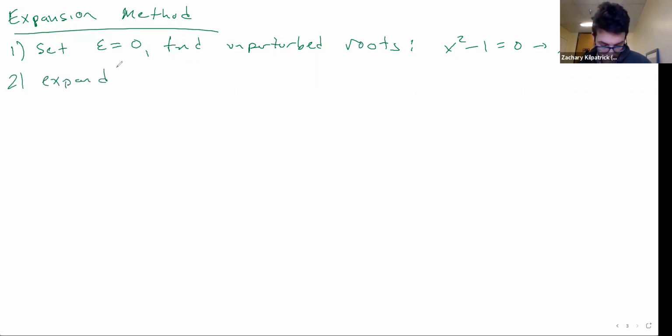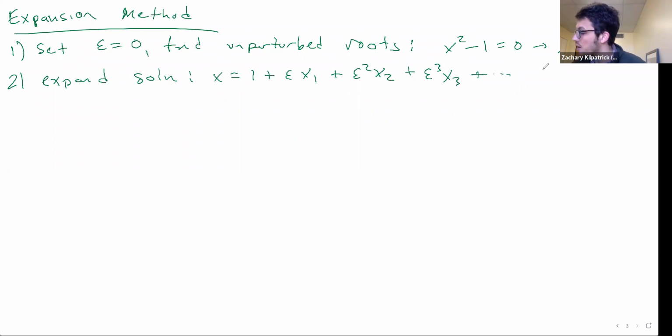Second part of the expansion method is to expand your solution. x is equal to 1 plus epsilon x1 plus epsilon squared x2 plus epsilon cubed x3 plus and so on. Now, how did I know how to use that expansion?